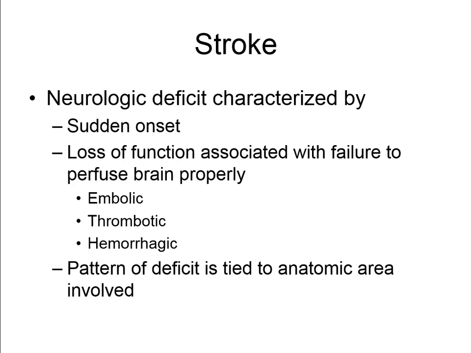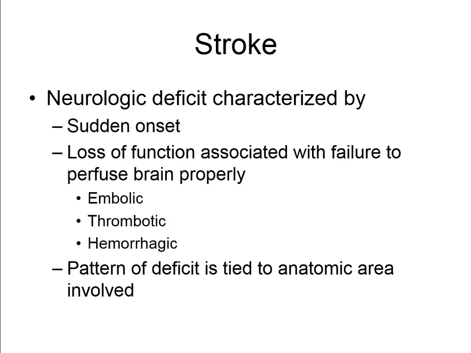So what happens if you suddenly lose blood supply? Well, if you suddenly lose blood supply and it persists for more than a minute or two, you will begin to accumulate injury. If it lasts long enough to cause structural damage, that is the clinical syndrome known as stroke.